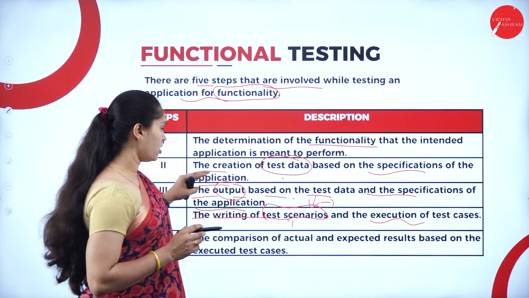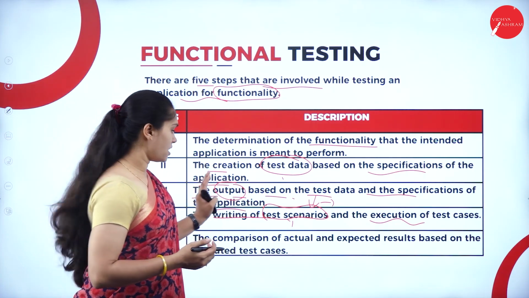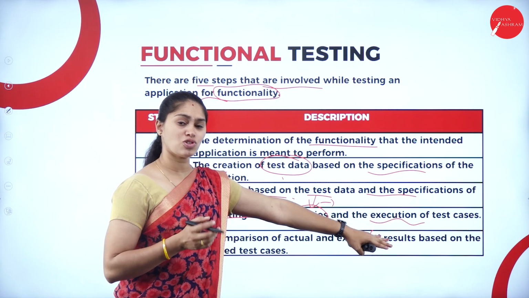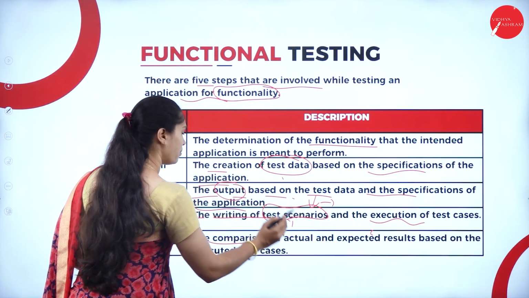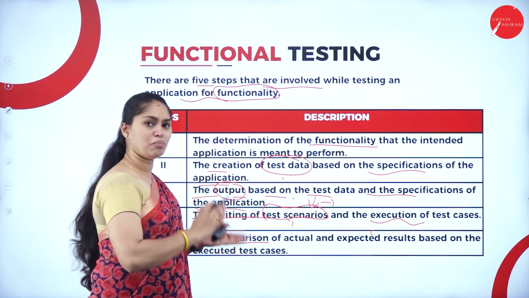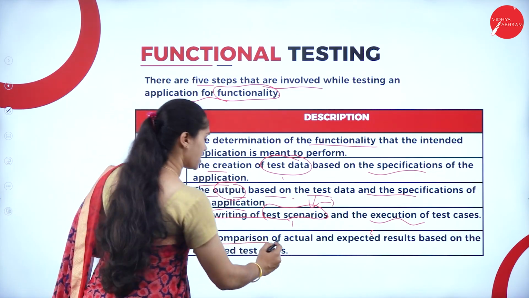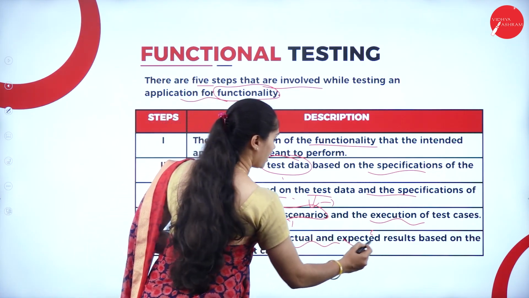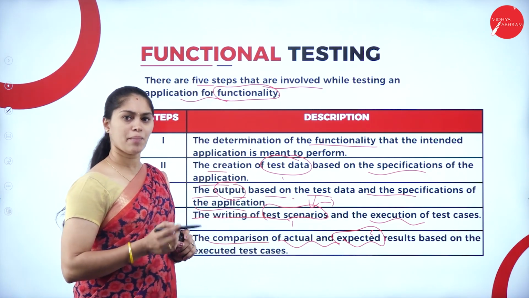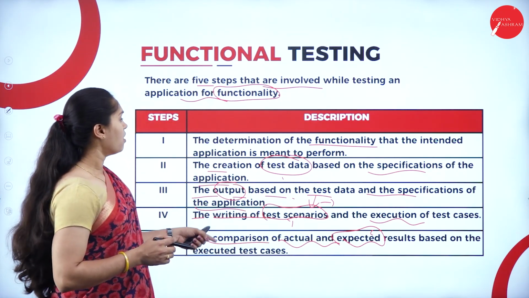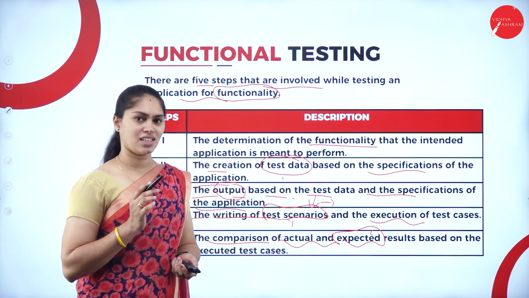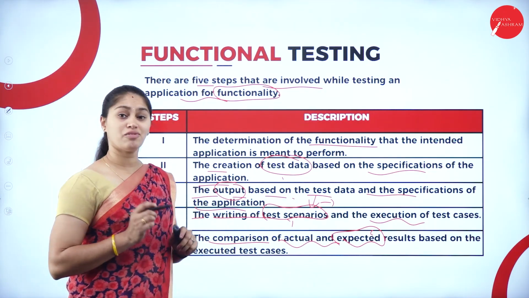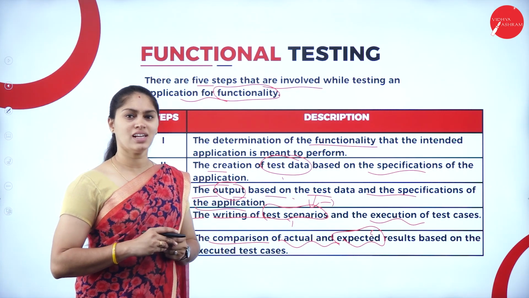For that output, we write the test scenarios and execute the test cases. Once all is okay, we make a comparison between the input and the output, where the actual is the input and the expected resultant is the output. So these are the 5 steps we need to follow when checking the functionality or specification of a system.